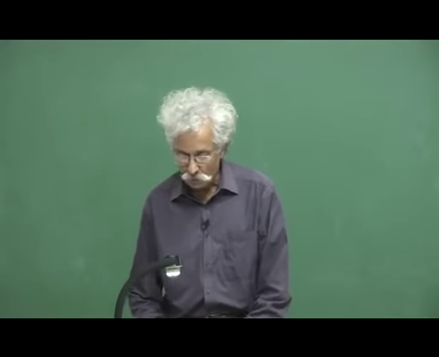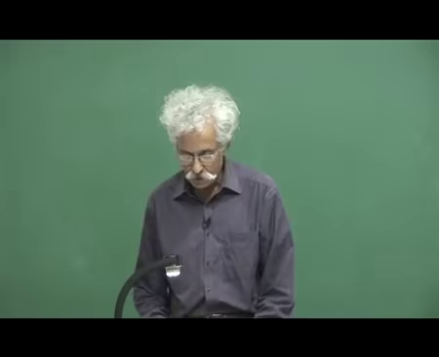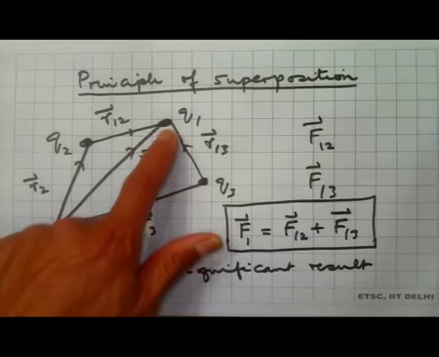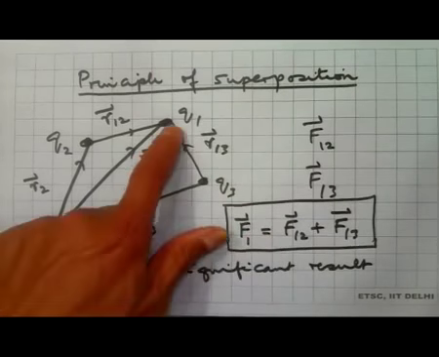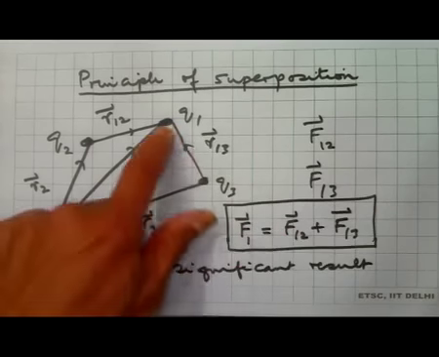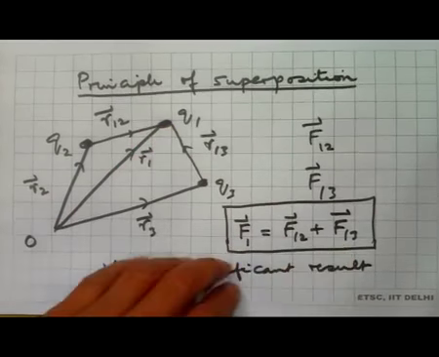So, in this example, as we see, the total force on Q1 is the force on Q1 because of Q2 plus the force on Q1 because of Q3.